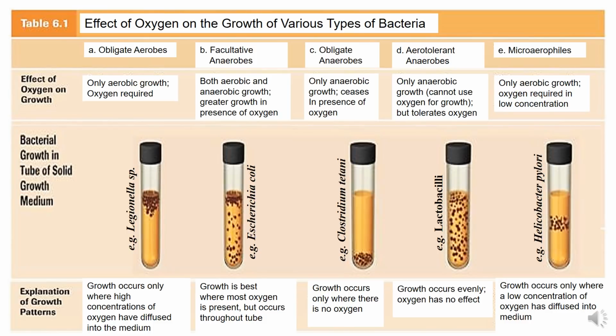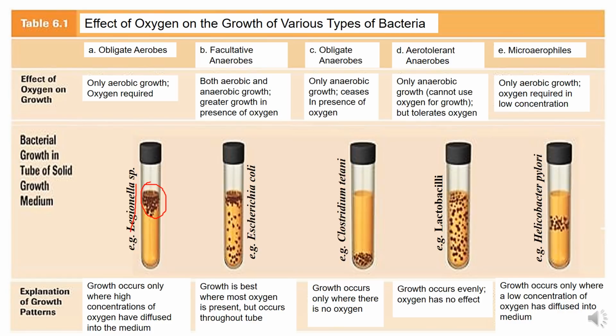Oxygen is another important physiological condition for bacterial growth. Here you see 5 tubes with different oxygen concentrations. The oxygen is the highest at the top of the tube and lowest at the bottom of the tube. So here you see Legionella bacteria growing at the top of the tube where the oxygen concentration is highest.